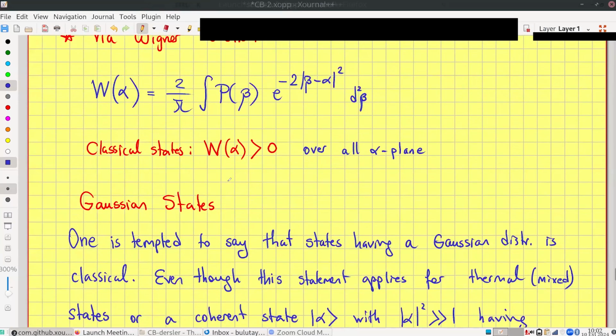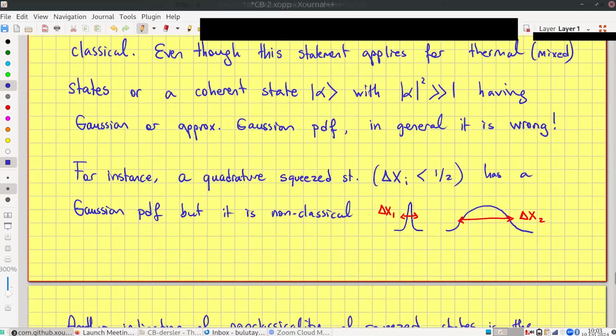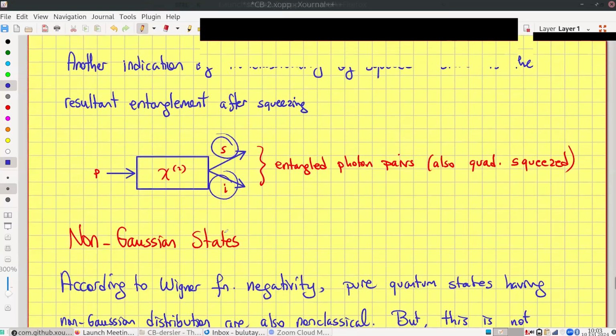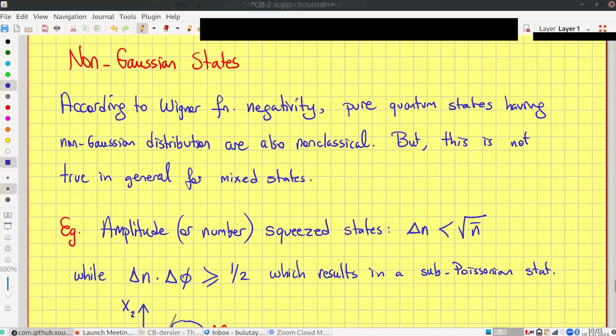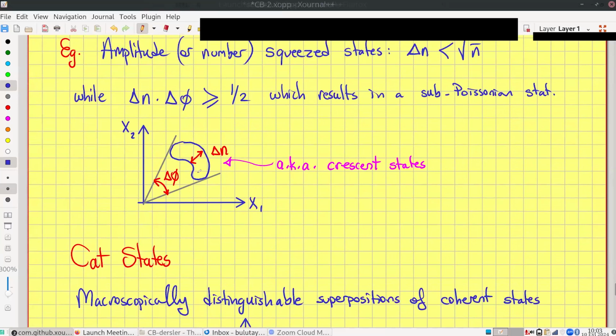You have Gaussian states with Gaussian Wigner function probability distributions, and the squeezed states, they are still Gaussian, but they are in a sense very non-classical. These signal and idler are actually entangled pieces. Other non-Gaussian states, again, Sabih Hoca nicely mentioned these, number squeezed state and anti-squeezed phase.